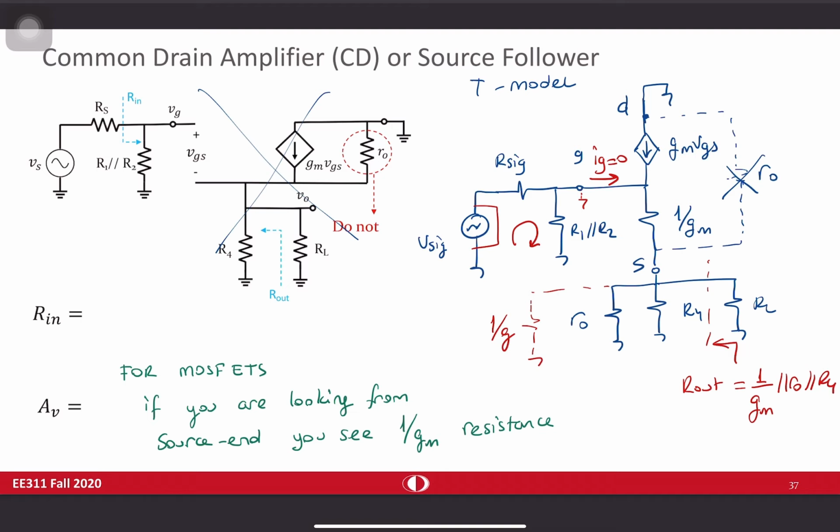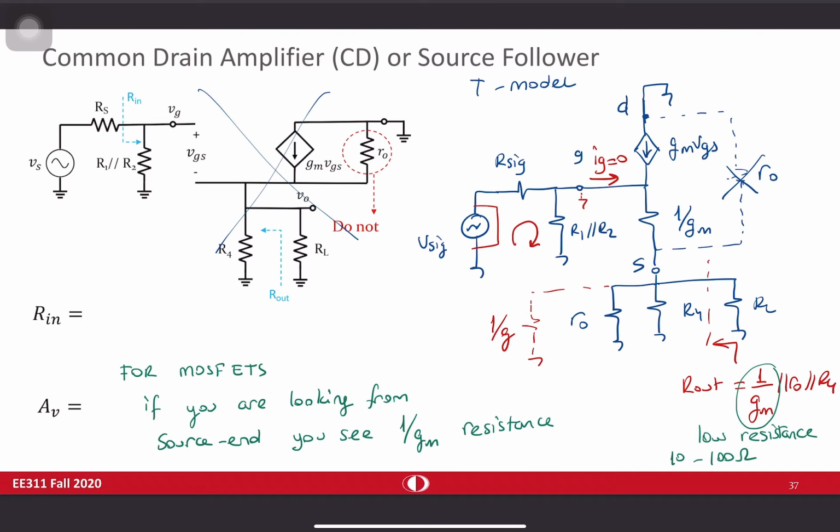When you take a look at the output resistance, there is one more thing which is interesting. This 1 over Gm is low resistance. It is generally in the range of, let's say, 10 to 100 ohms.